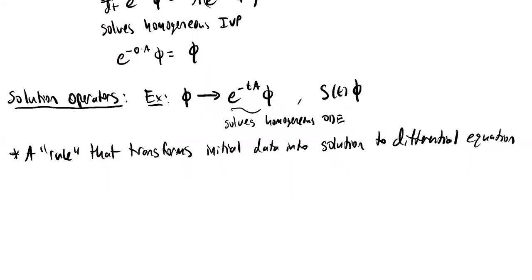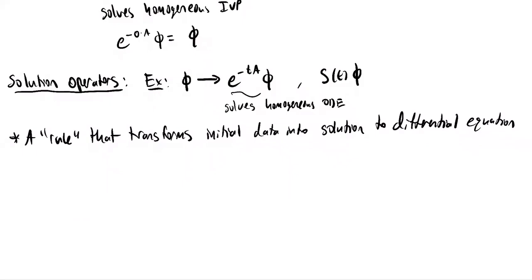And so, what's the differential equation that's actually of interest to us? Well, this is the diffusion equation. And so actually up here, we really mean the homogeneous equation, right? Because this solves the homogeneous equation.